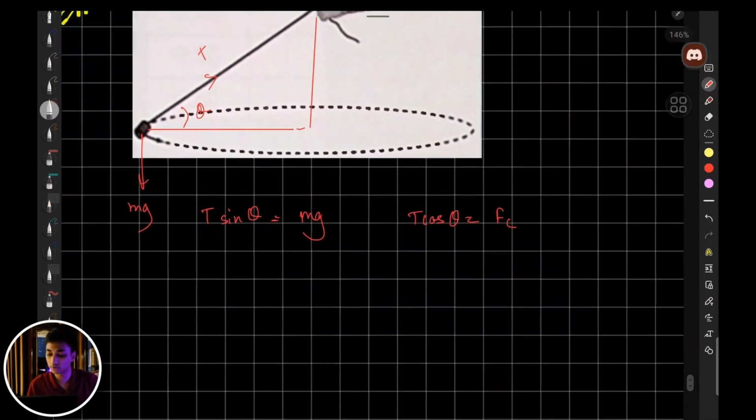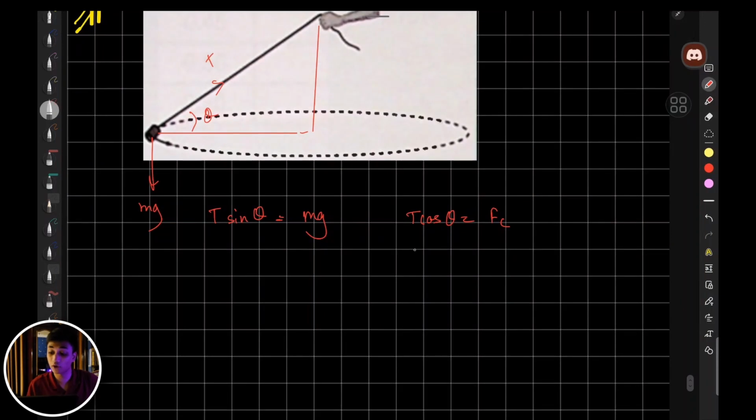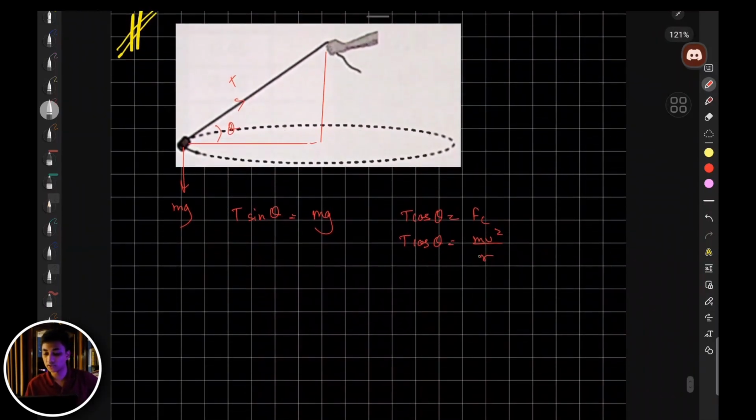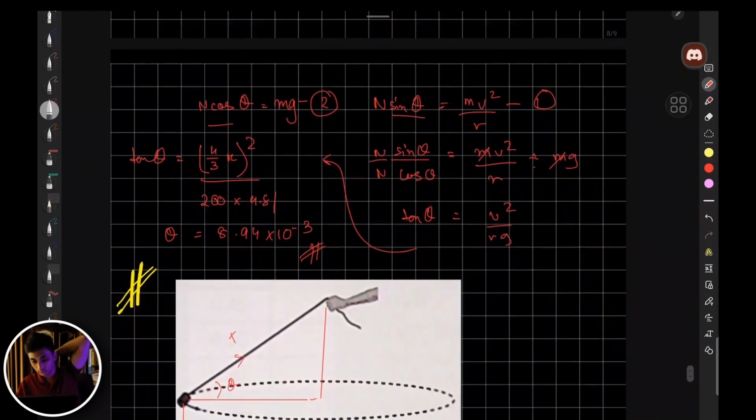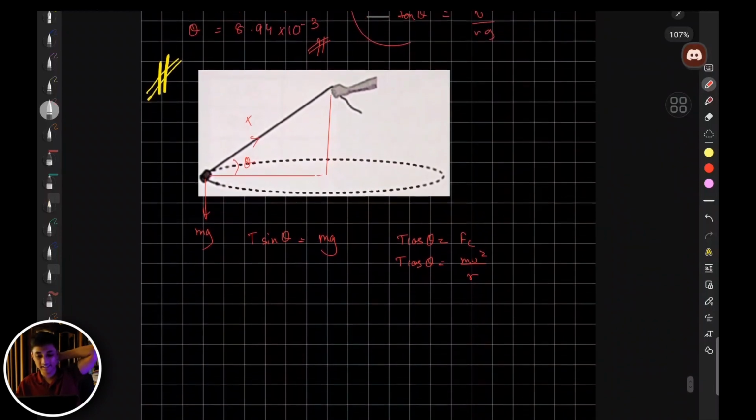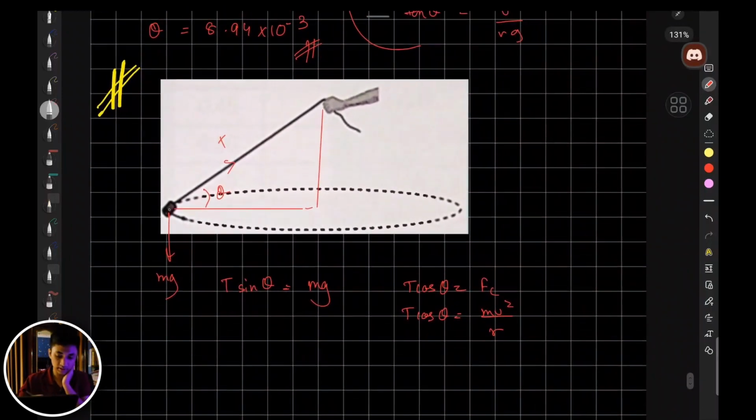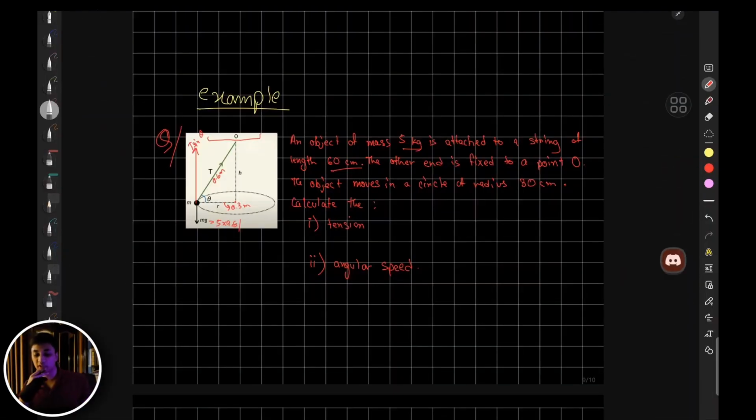So if we substitute the formula for centripetal force, we get T cos theta is equal to mv squared by r. We can use these two equations to solve a number of problems. All right, so let's look at an example to clear out our concept.